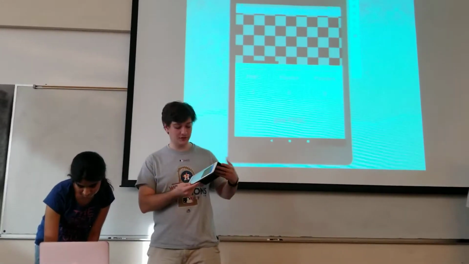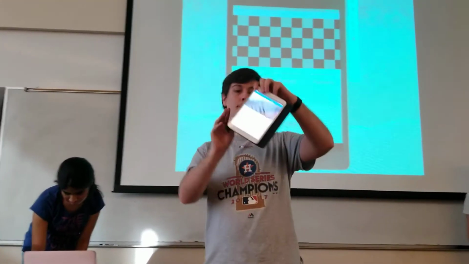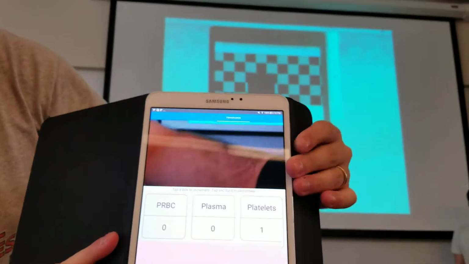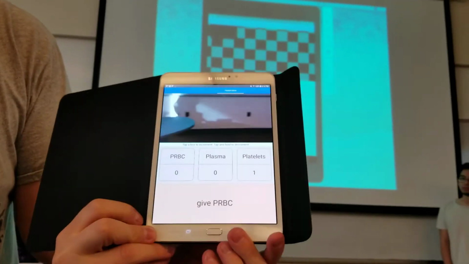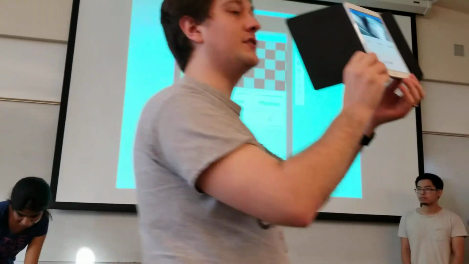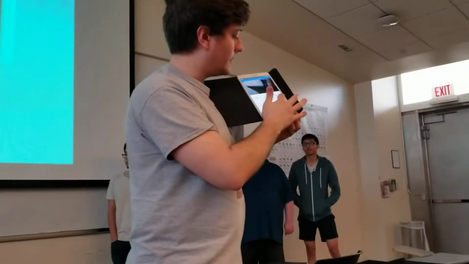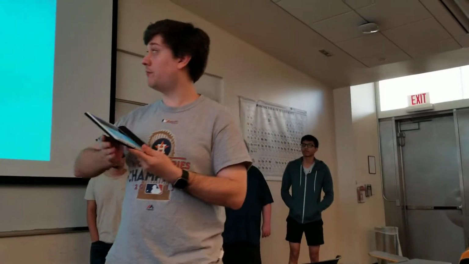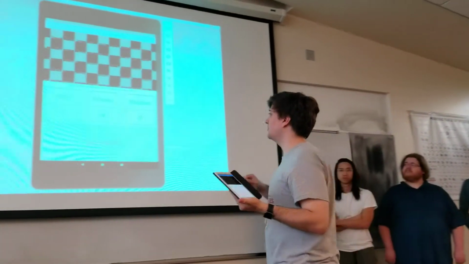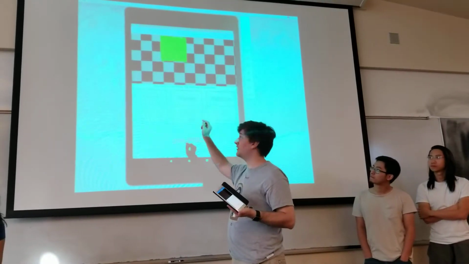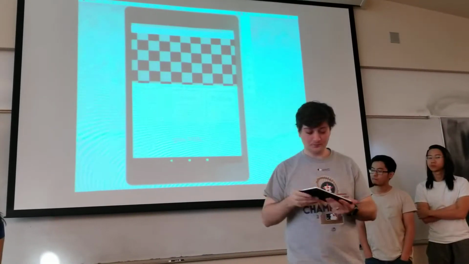I'm not sure if everyone can see, but on the actual tablet, the front region is giving you a nice view through the camera, and the rest of the UI is instructions of how to complete the app. When you're performing a mass transfusion, you're concerned with the 3 major types of blood components: red blood cells, platelets, and plasma.